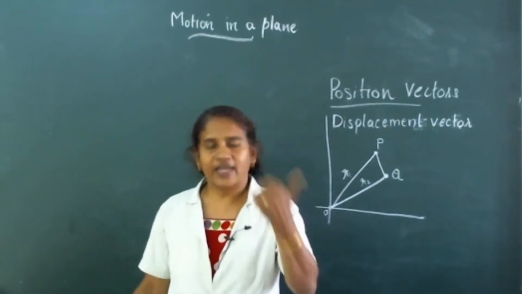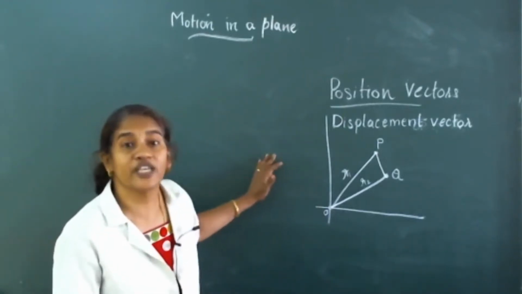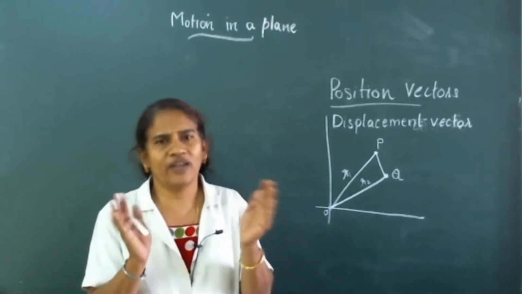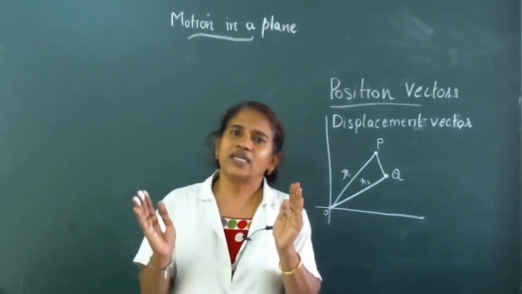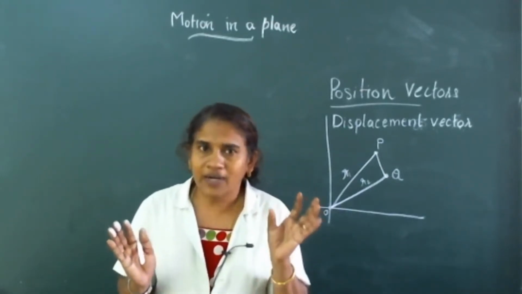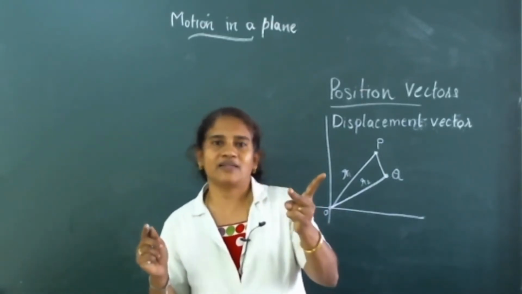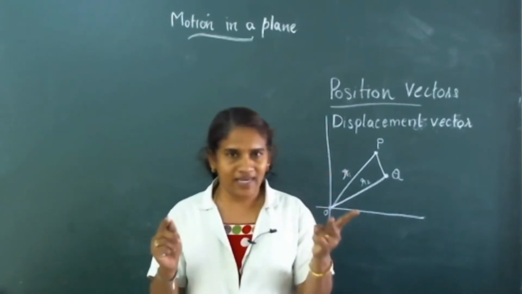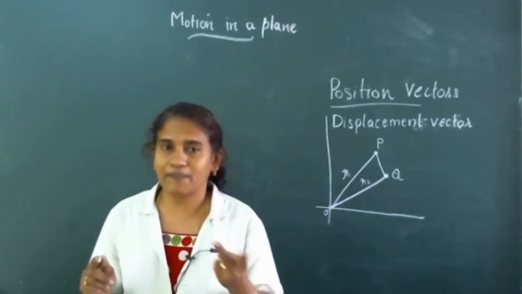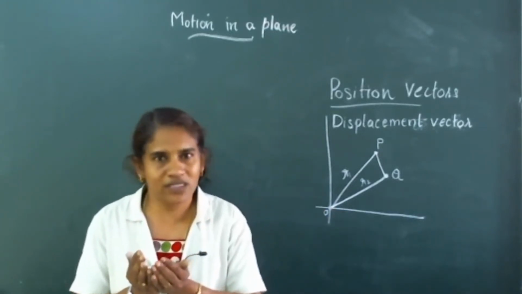Fine. Then another type of vector is zero vector. If the magnitude of a vector is 0, when we are subtracting two similar quantities, we will be getting an answer as 0. But if two vectors of equal magnitude and opposite direction are added, or two equal vectors are subtracted, surely magnitude will be 0.